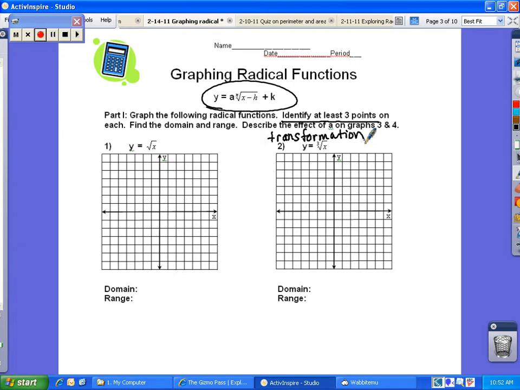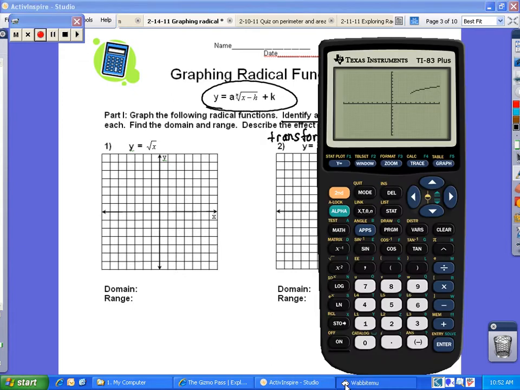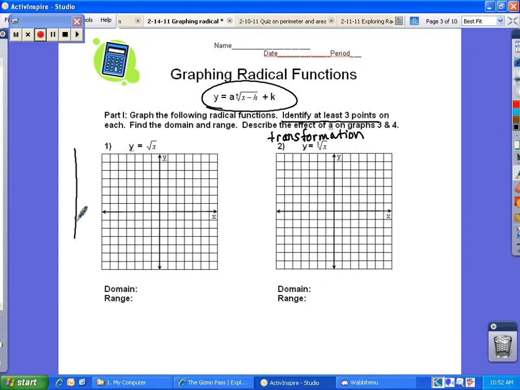So for number 1, this is our very most basic function, the square root of x. Going to your graphing calculator, you can put in the square root of x and then press graph. You can therefore see what happens to the graph for the values of x.